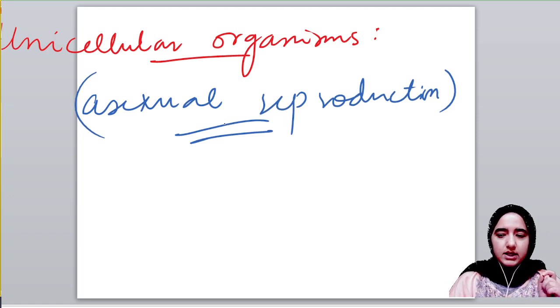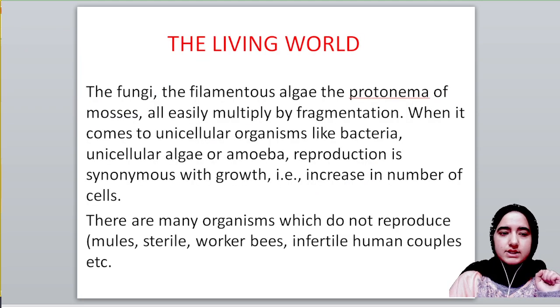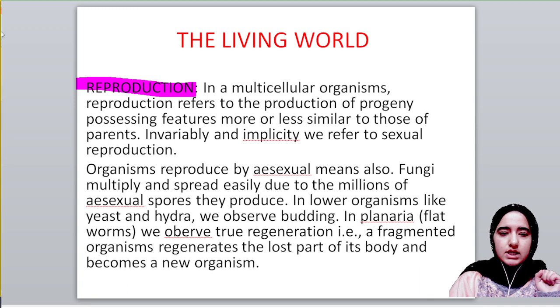Here I am again explaining: asexual reproduction takes place by a single parent only. Sexual reproduction takes place by two parents of opposite sex. Like unicellular organisms, say for example, I already mentioned fungi, they multiply and spread through so many asexual spores.